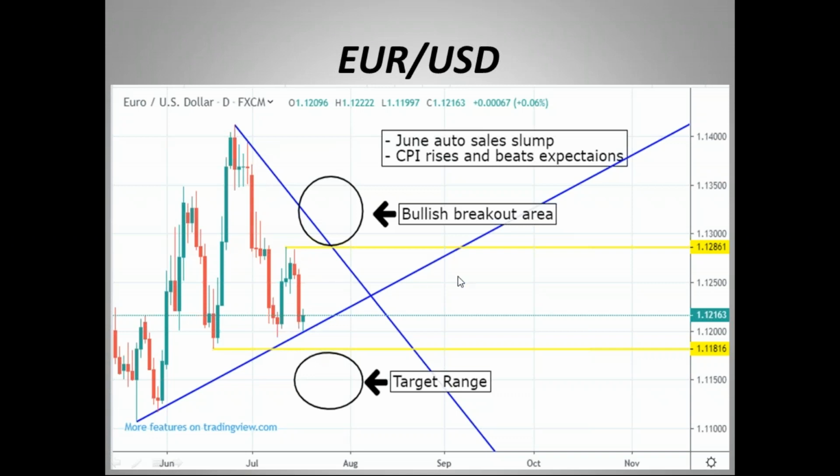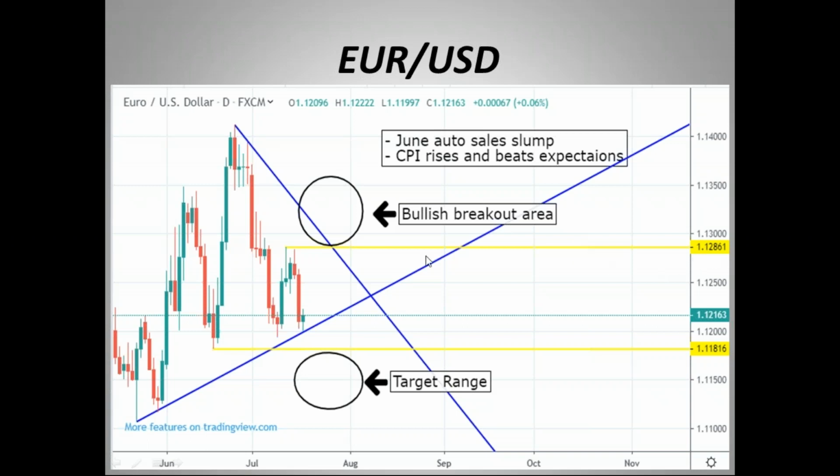So what's going to happen now? Right now, we have this US dollar weakness that we're wondering about, and if US dollar weakness is going to start to prevail, then we're probably going to see the euro US dollar gravitate towards this lower target range here. However, one thing I want you to notice are our big pivots, these yellow lines here.